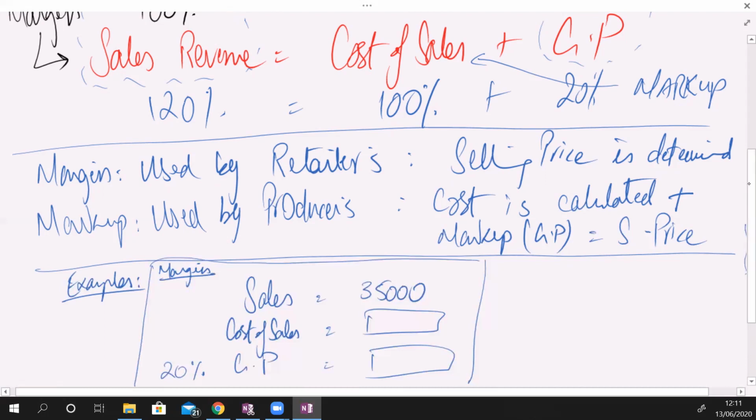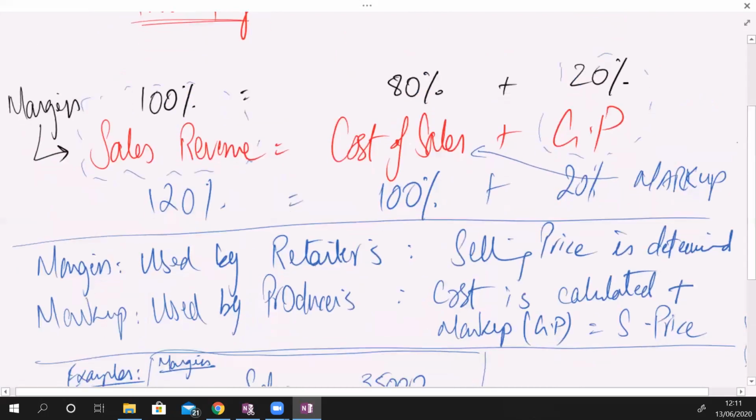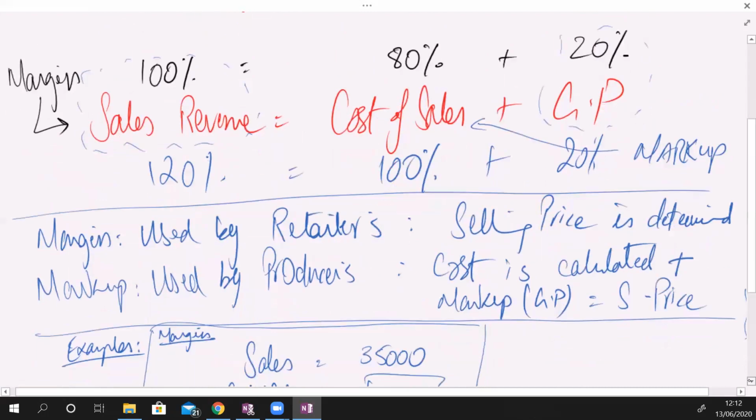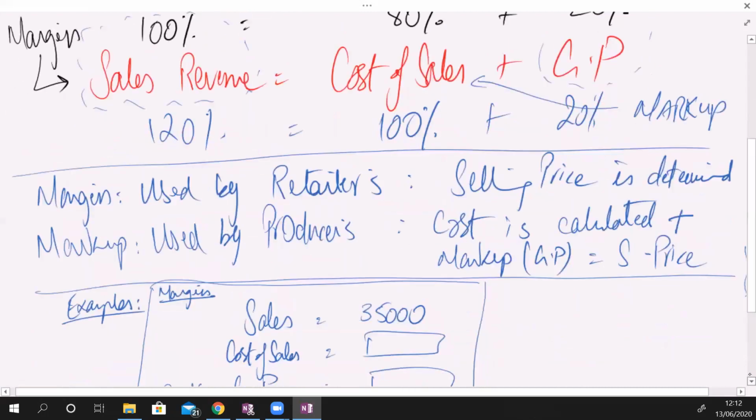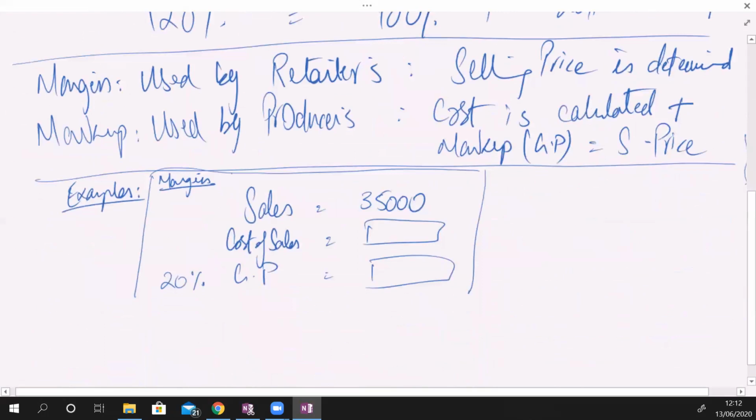Batul, can you tell me? In margin, is sales 100% or cost 100%? Sir, sales. All right. So in margin, if sales is 100%, GP is 20%, cost of sales would be? Anyone can answer. 80%. Sales is 100%, GP is 20%, cost of sales would be 80%.